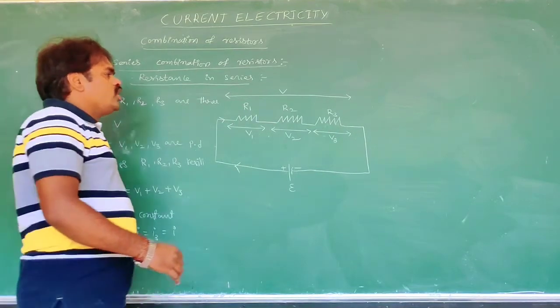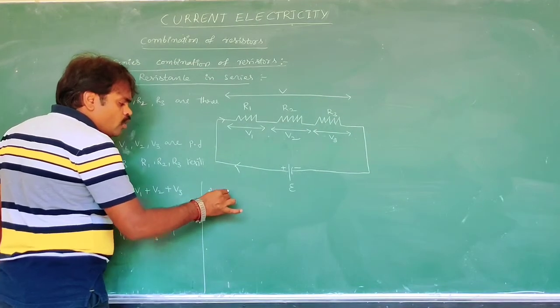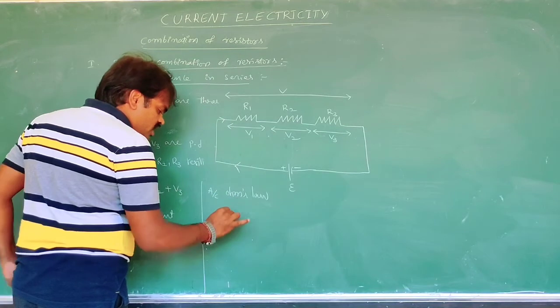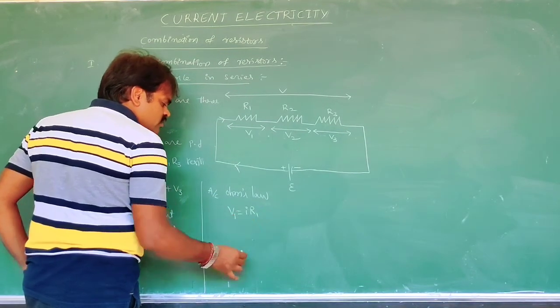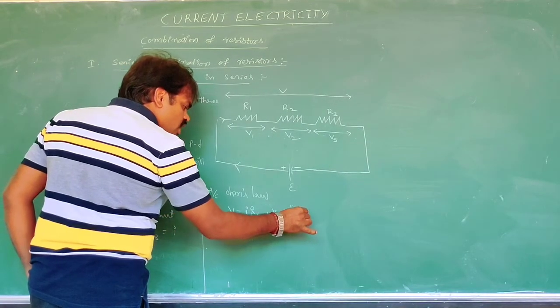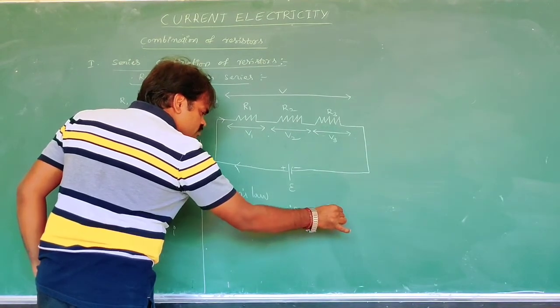Then according to Ohm's law, V1 is equal to IR1, V2 is equal to IR2, V3 is equal to IR3.